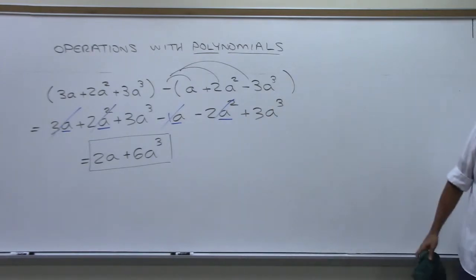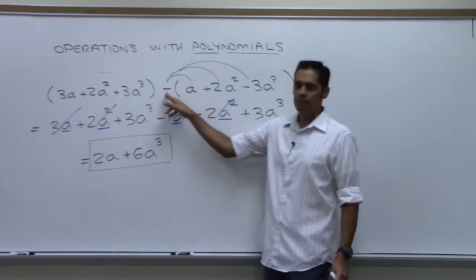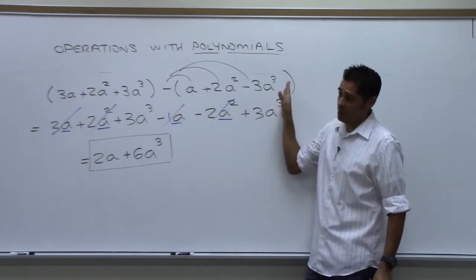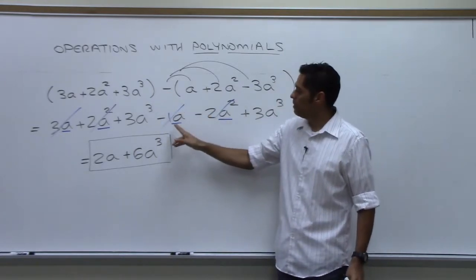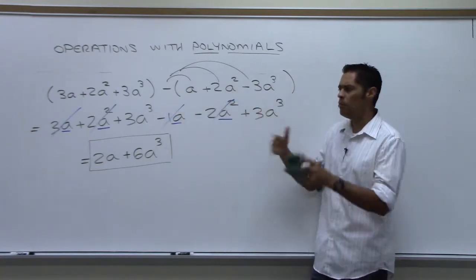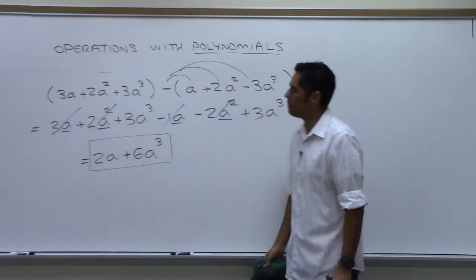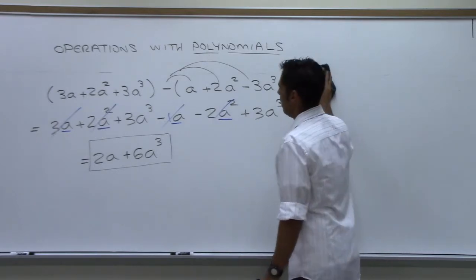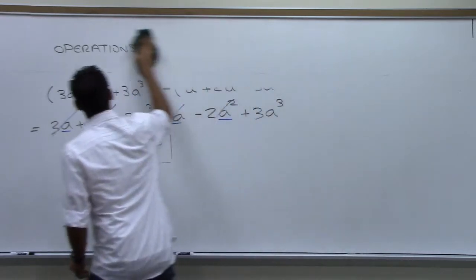That's how you subtract. If this was addition instead, then these signs would not have changed, and it would have been a different answer, right? Now let's do a little multiplication of polynomials.